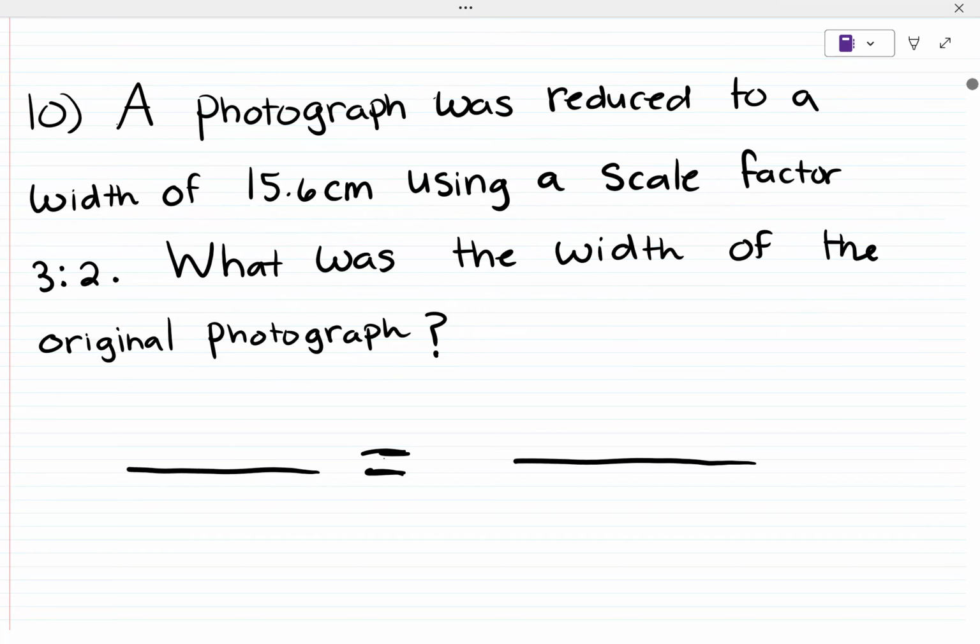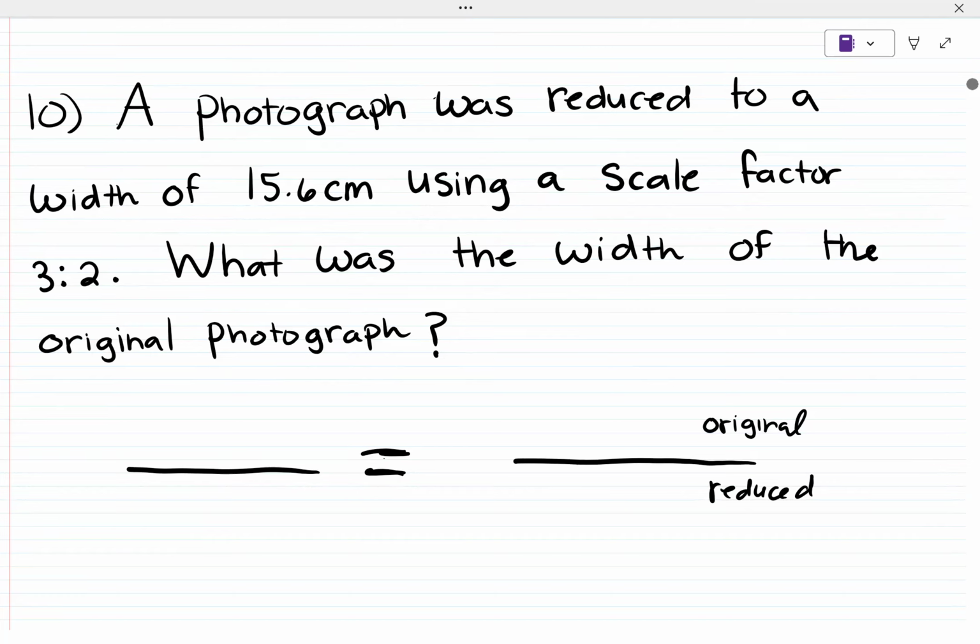How are we going to set it up? So we had an original, and then we had a reduced.